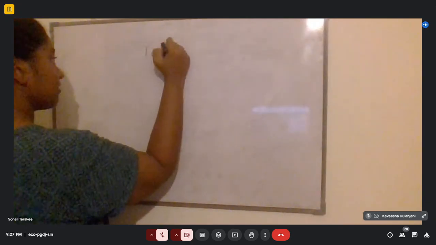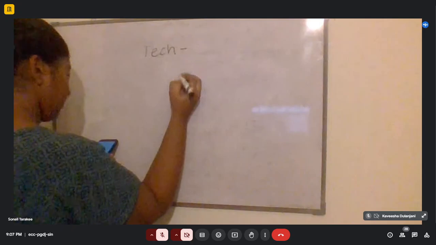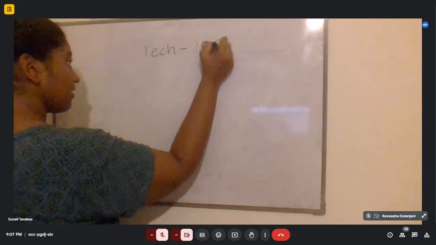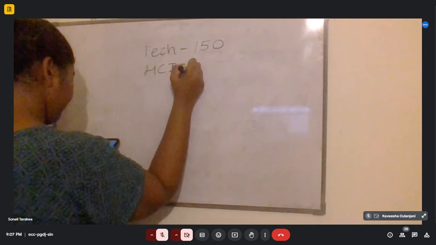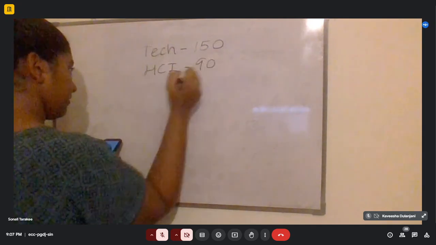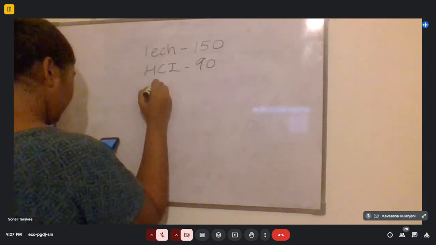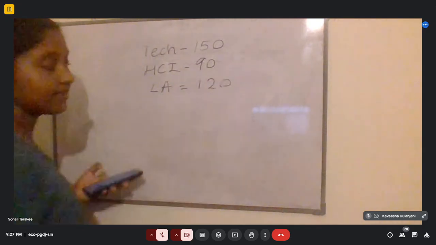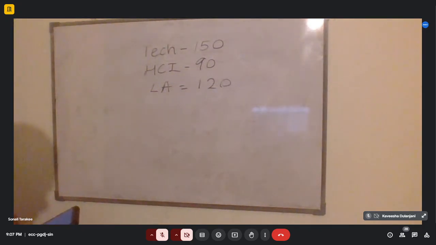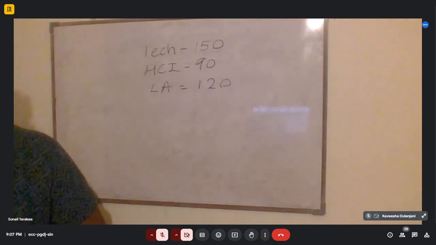So, tech, you have 150, HCI, you have 90, and learning analytics, you have 120. Find the minimum number of rooms required where in each room the same number of participants are seated and in the same track.